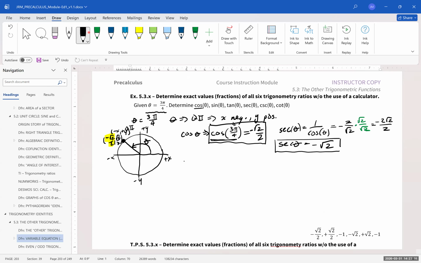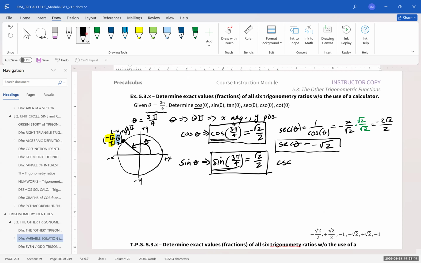All right, now let's look at sine. So we're going to have sine of 3 pi over 4. What this is asking us is, what's the y value at 3 pi over 4? The y value is the square root of 2 over 2, and that's positive. So there's the sine of the angle. And let's do the reciprocal.